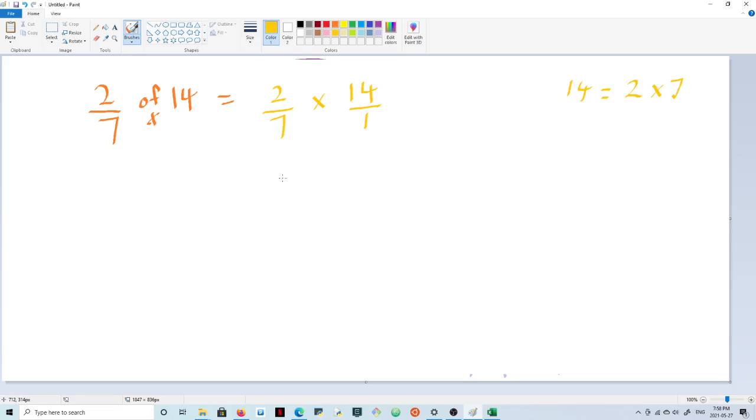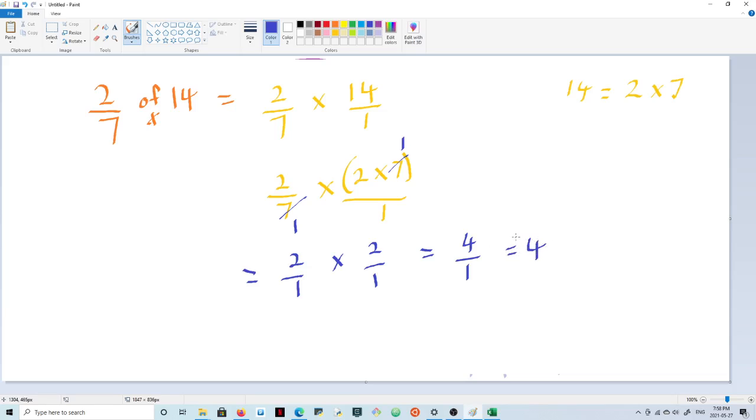So what you have here is 2 upon 7 times 2 times 7 upon 1. Now, you can cancel this 7 with this 7, so this is 1 and 1. So you have now 2 upon 1 times 2 upon 1, which will give you 4 upon 1, which is 4.